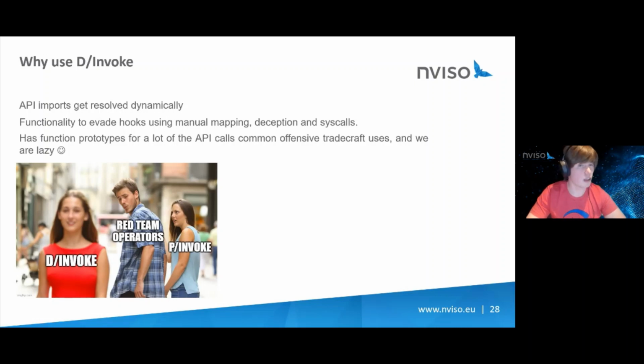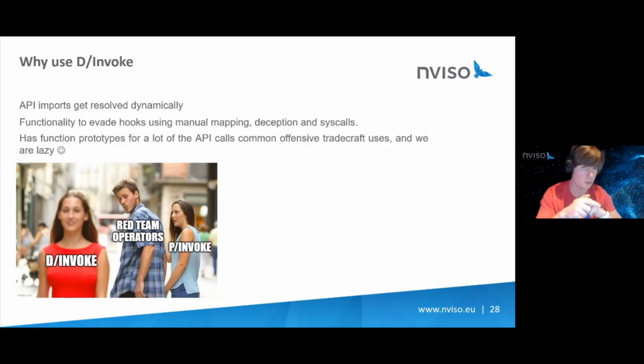This is also why I love DInvoke, because in contrast to PInvoke, DInvoke is capable of dynamically importing API calls. That means you don't have to specify kernel32.dll and then give the function prototype anymore. You can now do it during execution time, which is quite nice.